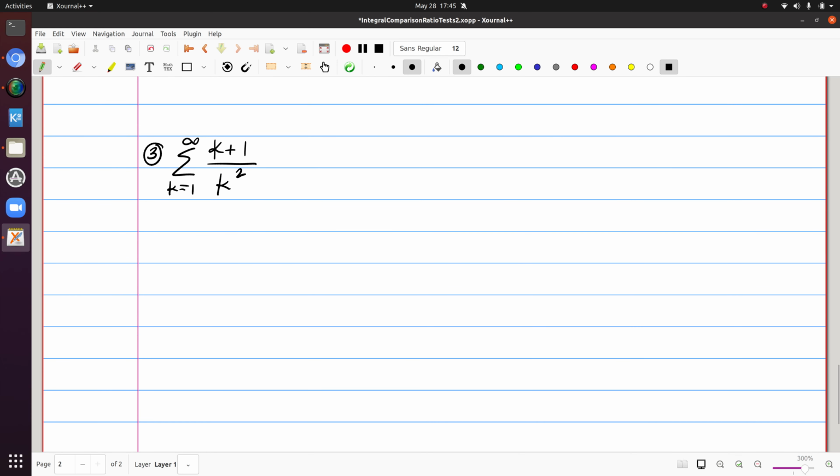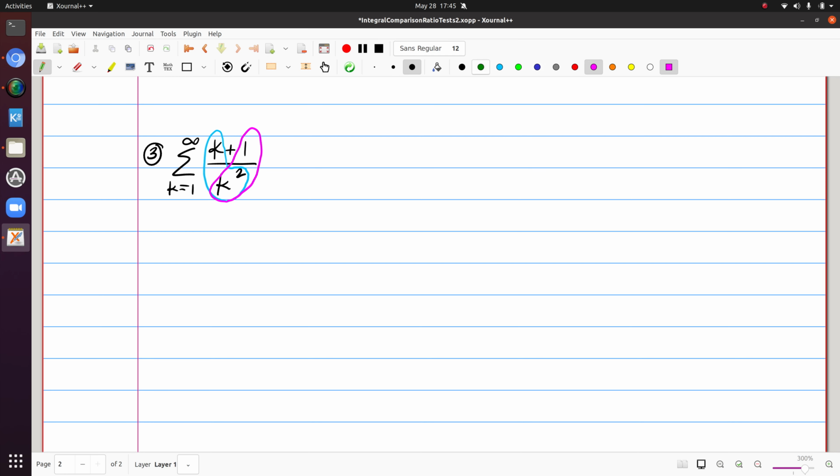Now in this third one, there are two natural series that I might look to compare. One is k over k squared, and the other is 1 over k squared.